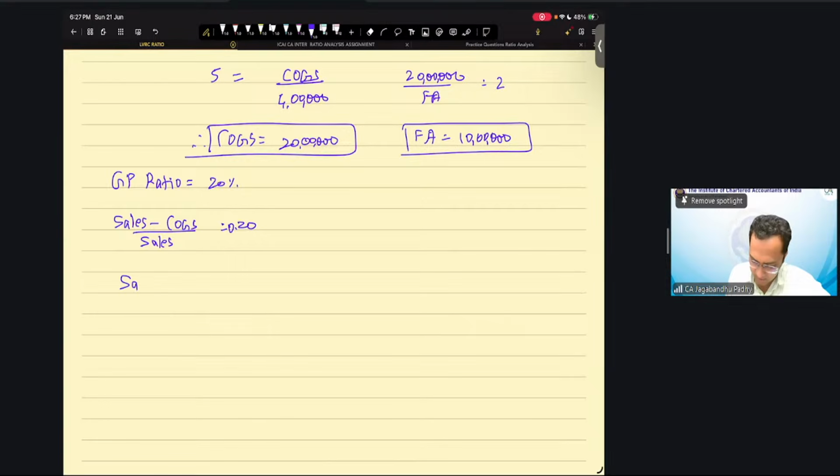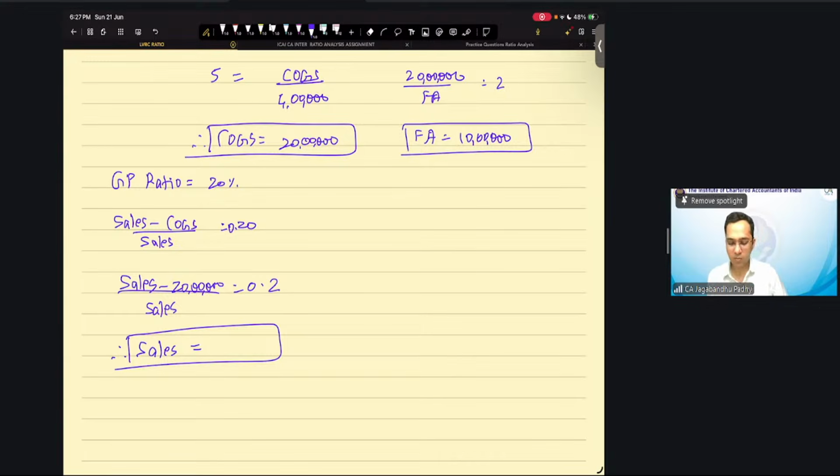So sales minus 20 lakh upon sales is 0.2. What is the sales value? 25 lakhs. Sales value is 25 lakhs, correct.